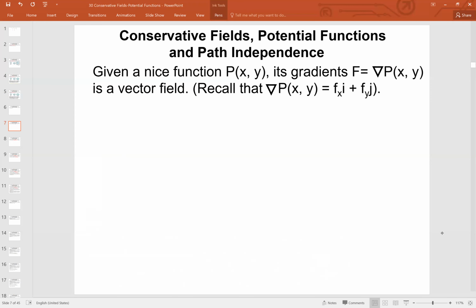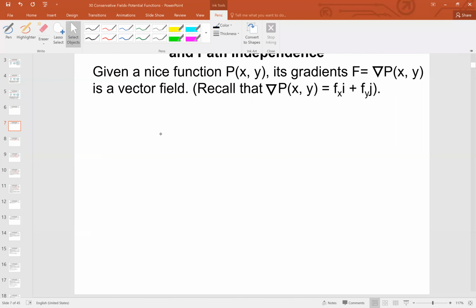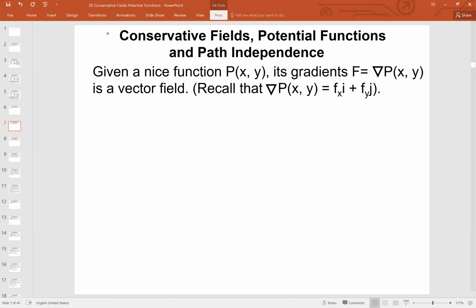If I write down a general vector field F, let me write this simpler. In general, a vector field is just some function f at a point P, the i components, plus some function g, the j components.